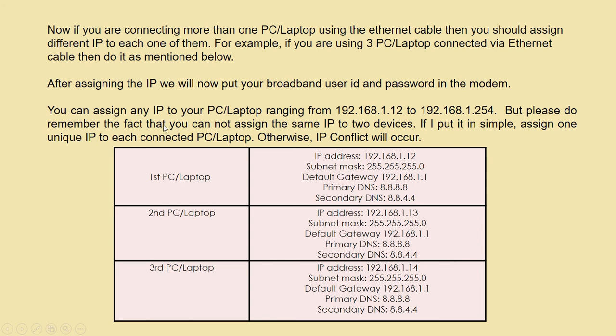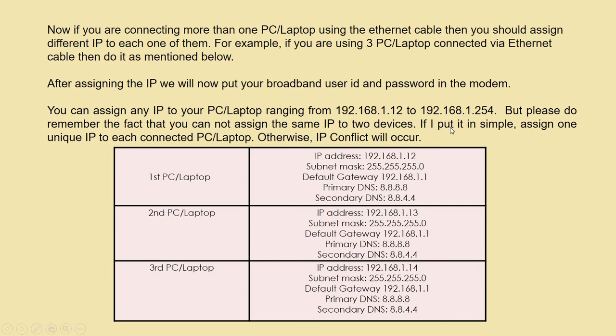But remember one thing: don't repeat the IP address for the systems. Suppose one IP is assigned to one system as 192.168.1.12. For the next machine, if I write that same IP, 192.168.1.12, they conflict with each other. So please remember that you cannot assign the same IP to two devices.